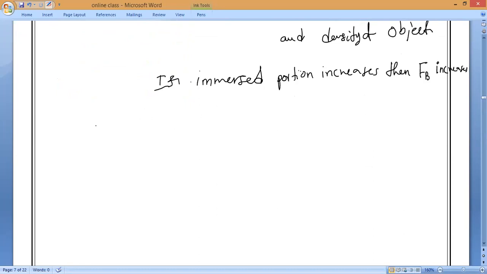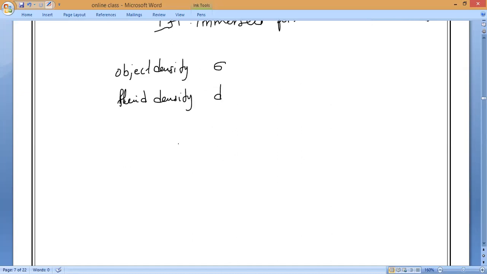Next, we have taken the object density as sigma, and the density of the fluid or liquid as D. And yesterday we made three conclusions. As we all know, what is the upthrust formula?